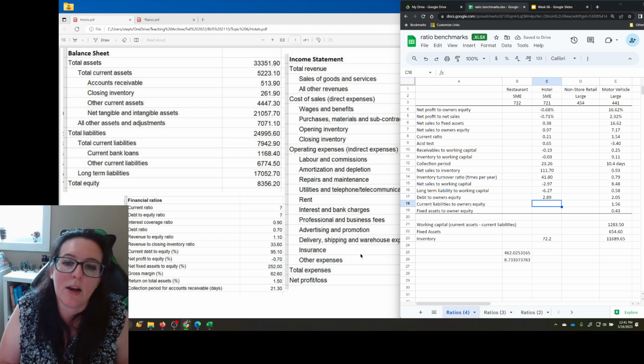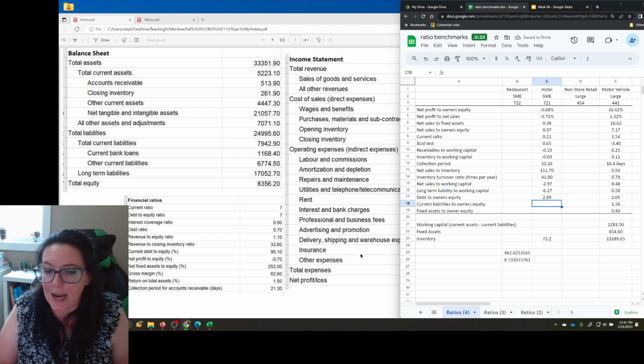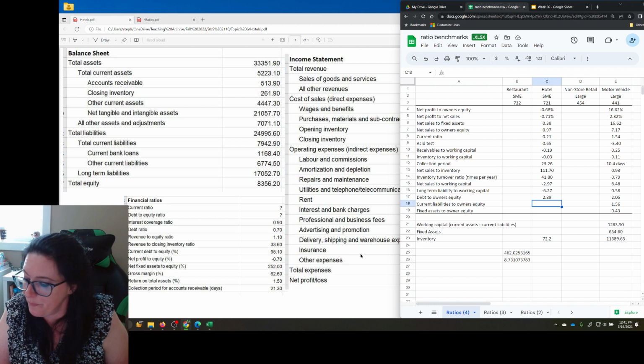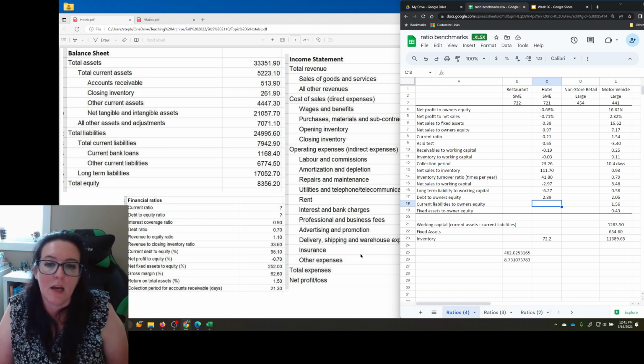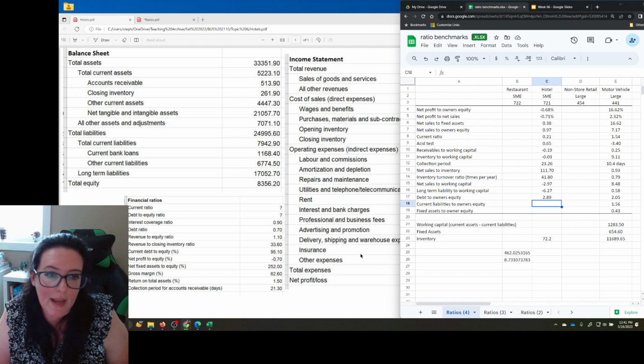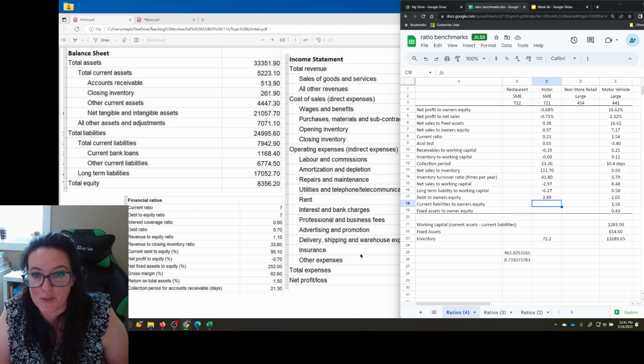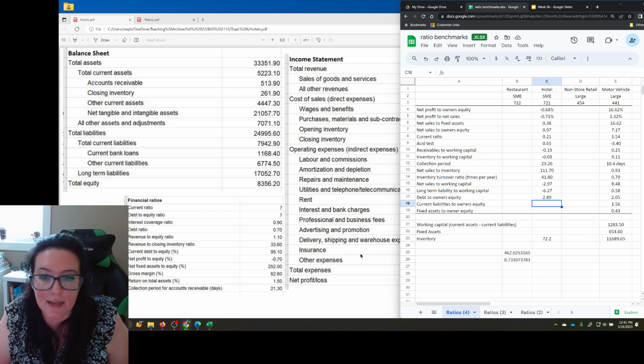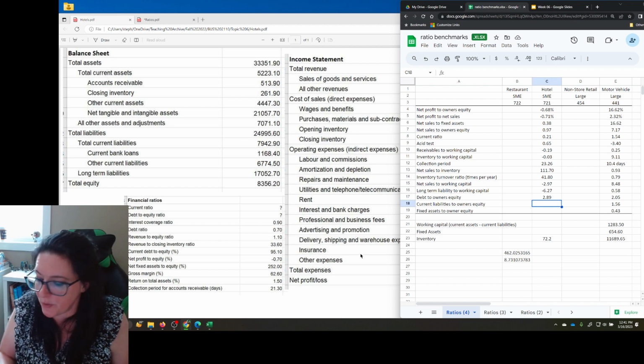So you can see their debt to owner's equity is higher at 2.89. Again, because they are more capital intensive, those fixed assets are going to be a higher number. And so we can see again, they're in the two range.